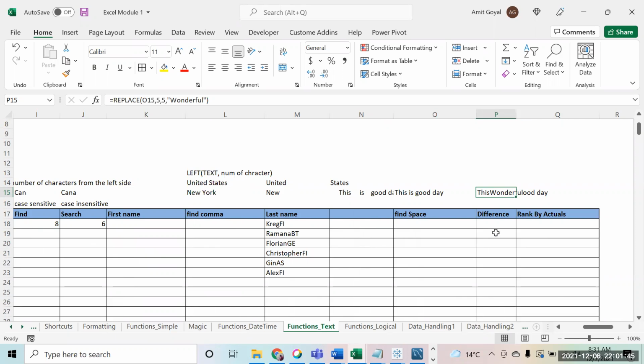So what was the 5th position? That was space, right? It started from space and it counted 5 characters from there. Space 1, 2, 3, 4, 5.